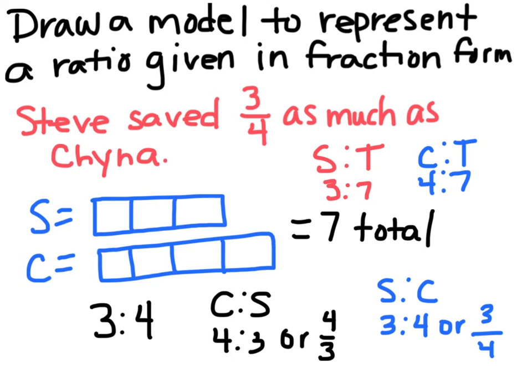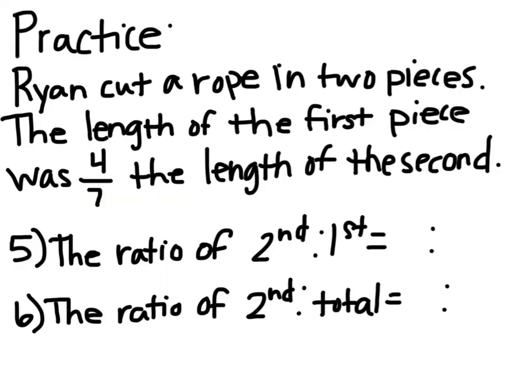Let's move on to the practice problems to close out this particular chapter. Here are your final 2 practice problems for this lesson. Ryan cut a rope in 2 pieces. The length of the first piece was 4/7 the length of the second. Draw a model to help you visualize how this will work.